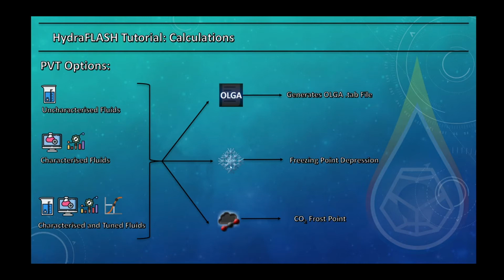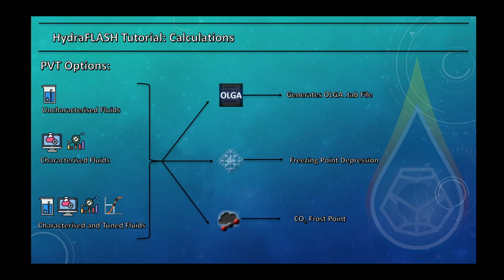The freezing point depression is the depression of the freezing point of water, only water, because of the presence of salt or inhibitors like alcohols or MEG. So if you want to know how much salinity or the presence of alcohols or glycols decreases the freezing point of water, this is different from hydrate stability.